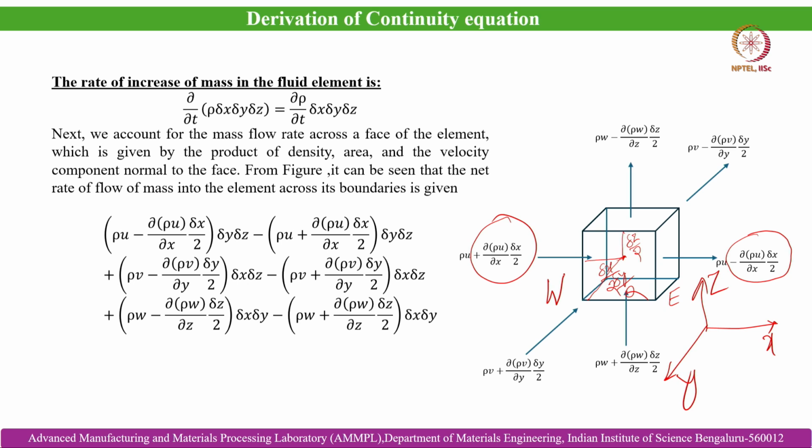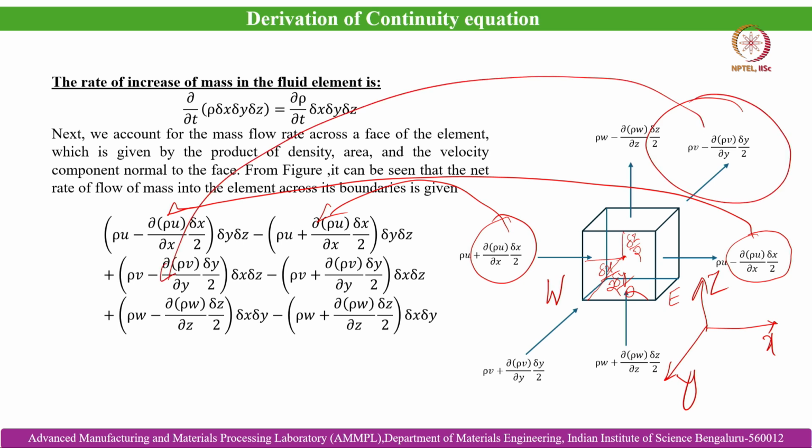So then rho u minus del rho u del x by 2 into del y del z, minus, in the x direction, rho u plus del x rho u del x by 2 del y del z, plus again for the y direction which is leaving: rho v minus del y rho v del y by 2 del x del z, minus rho v plus del y rho v del y by 2 del x del z.